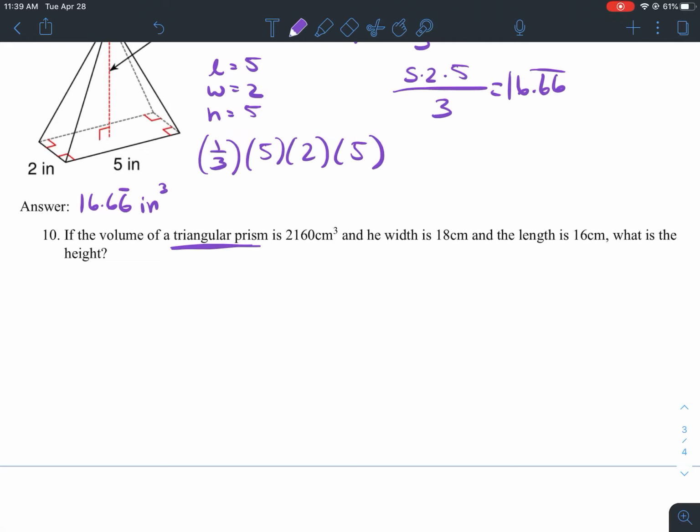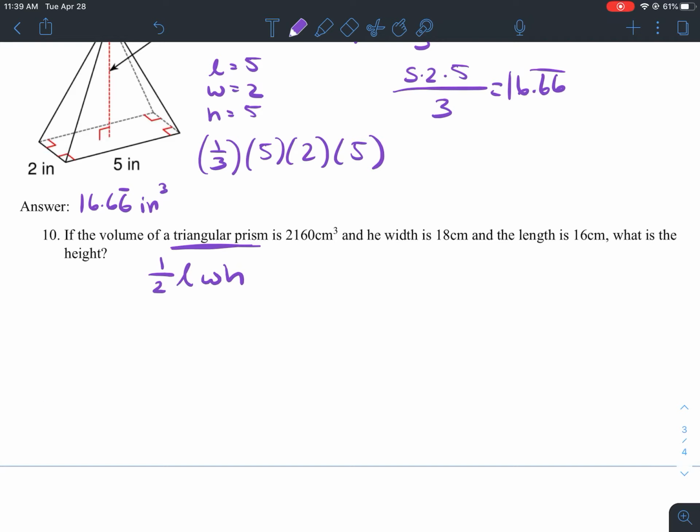Here they're asking for the volume of a triangular prism, and that, if you recall, is 1/2 times length, width, height. Let's say they said the volume of a pyramid, you would have to use this formula. If they said the volume of a rectangular prism, you'd have to use that formula. So make sure you pay attention to what shape they are referring to.